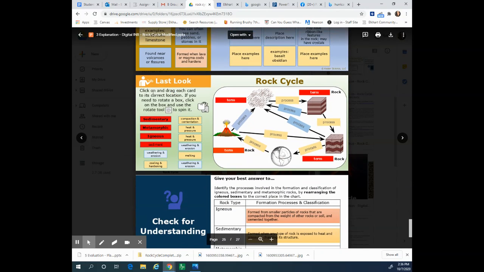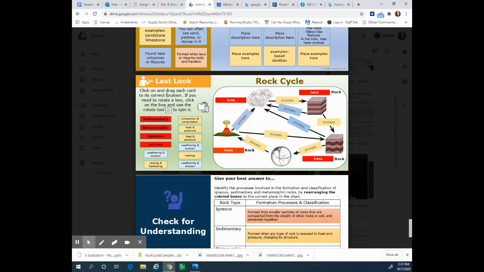Last look. Click and drag on each card to its correct location. If you need to rotate a box, click on the box and use the arrow here to spin it. Okay? So what you're going to do here is decide what kind of rock is made. And you're going to put your term here and tell me what's happening in the picture.